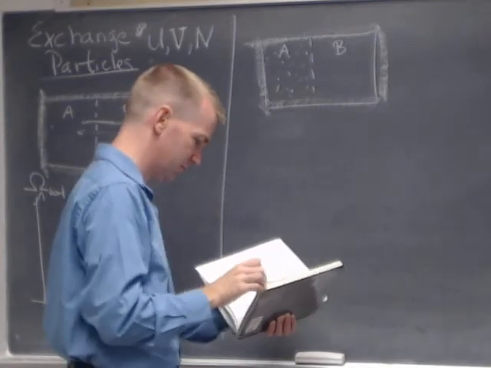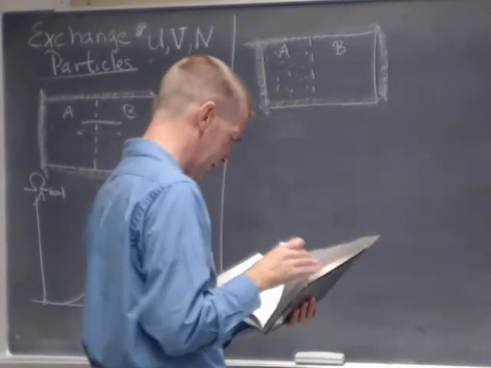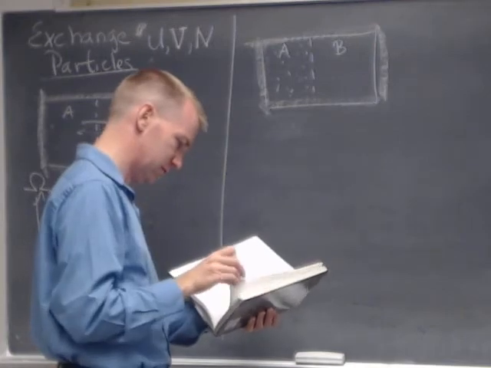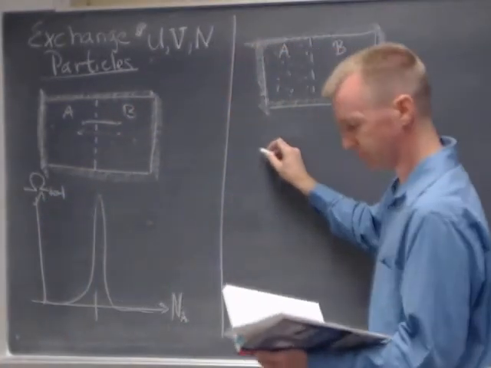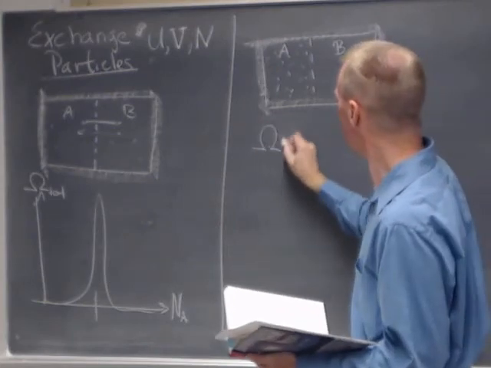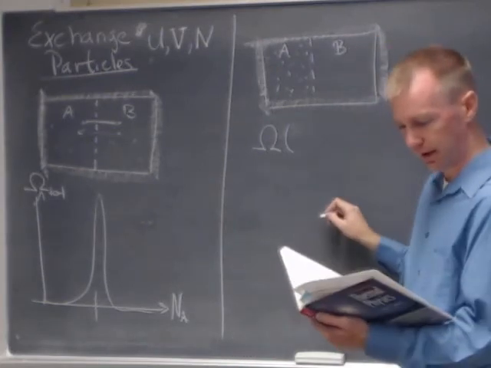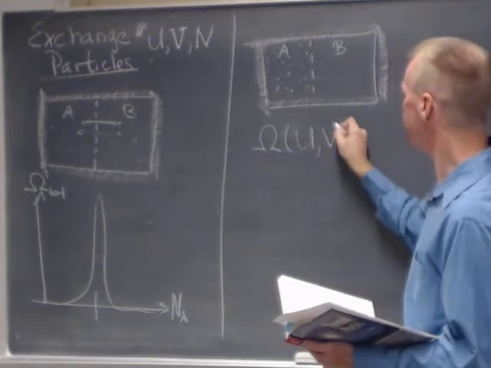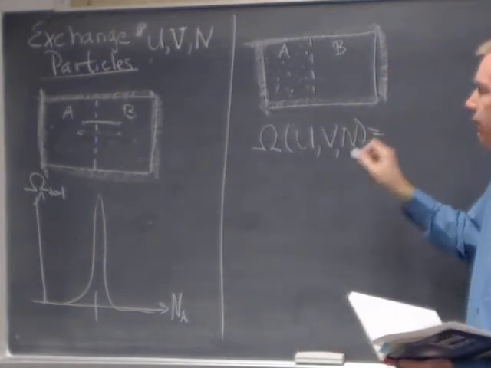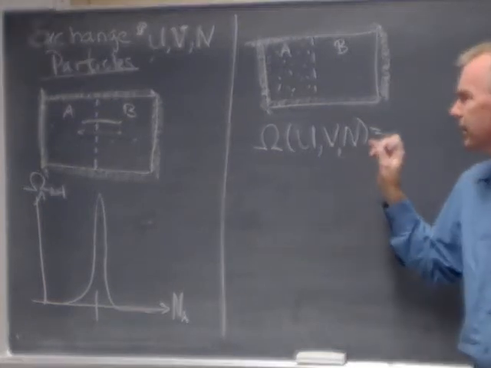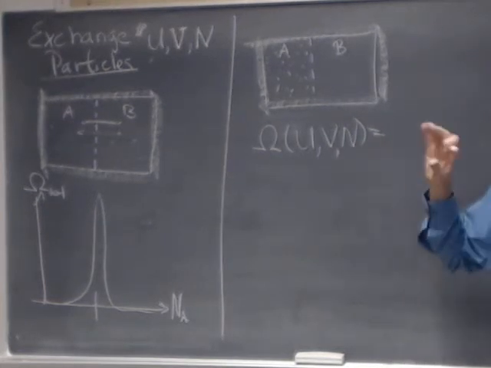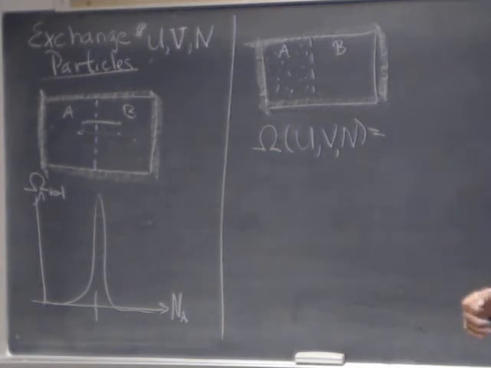So let's say the multiplicity as a function of energy, volume, and number. I think this will make it even clearer to find what the probability is.